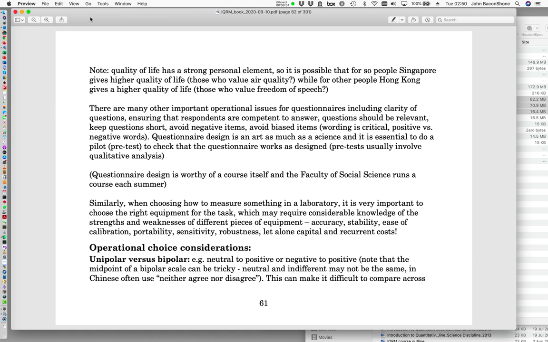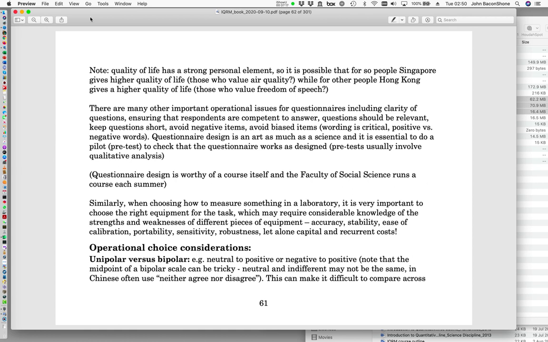So for example, if you ask a sensitive question like, do you agree that the government was justified in postponing the election? Some people may say that they honestly partly agree and partly disagree, and so they don't want to take a position of either choosing an agree or a disagree.